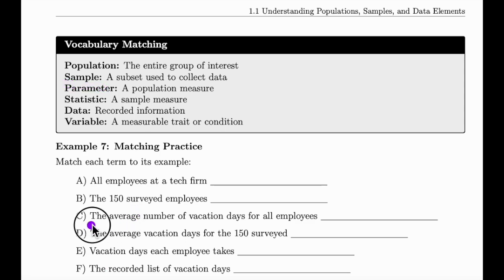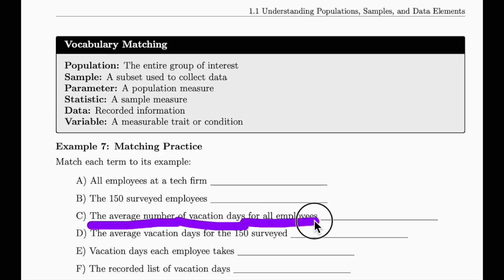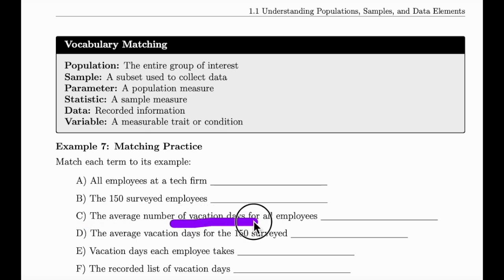Part C says the average number of vacation days for all employees. So here's a number, even though they don't give us the specific number, the average number is a value that's going to summarize the number of vacation days for all employees. This is coming from all employees.